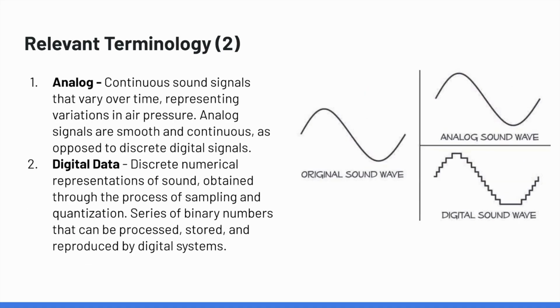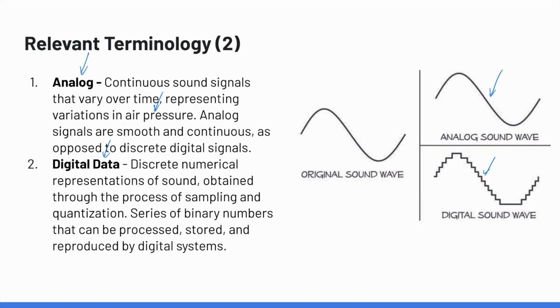Now, if we're talking about analog data, we're talking about continuous sound waves that are being naturally generated through variations in air pressure. So if you're just playing the guitar, you're generating an analog signal. It's a continuous signal, because you're changing air pressure. Now, discrete digital signals are different because they are a numerical representation. They represent sound not as continuous waves, but discretely by storing sound at multiple points in the form of binary.